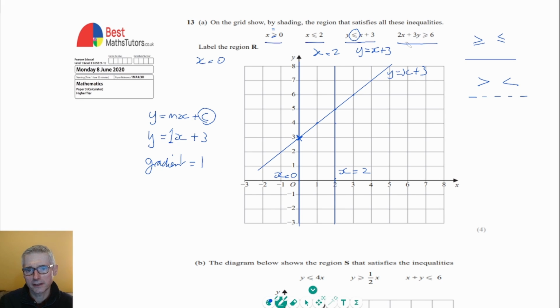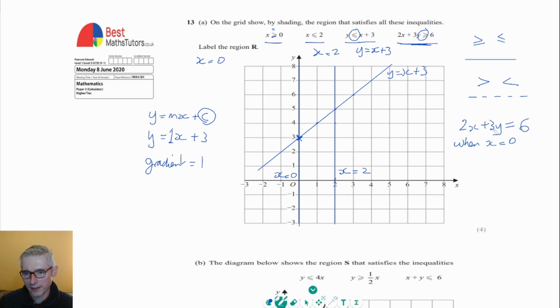And so finally we're going to try and represent this one, 2x plus 3y, which says greater than or equal to 6. First of all, we're going to just draw the line where it equals 6. A very useful way of doing this is to decide what the values are when it crosses the axes. We can do this by looking at the case when x equals 0.